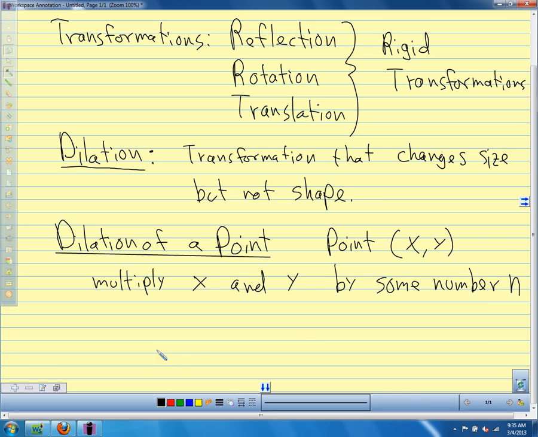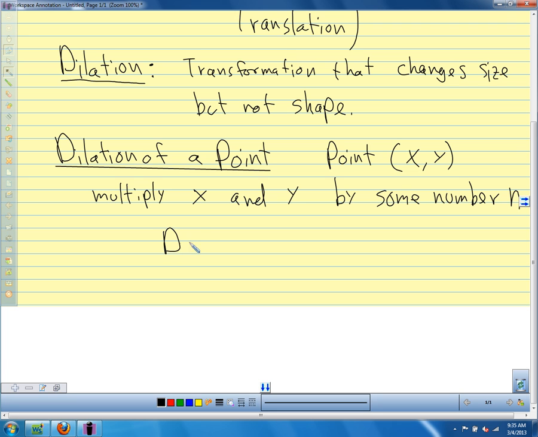And the way we write this, guys, is capital D for dilation. The dilation of x and y is n times x and n times y. So this is our new x and this is our new y. And we call n, this number that we multiply by, the scale factor.